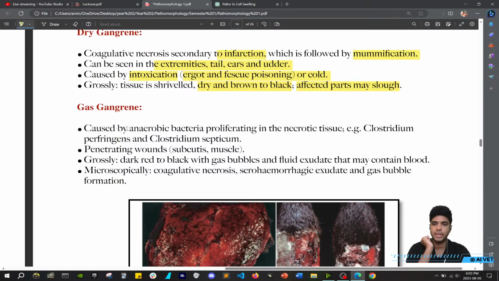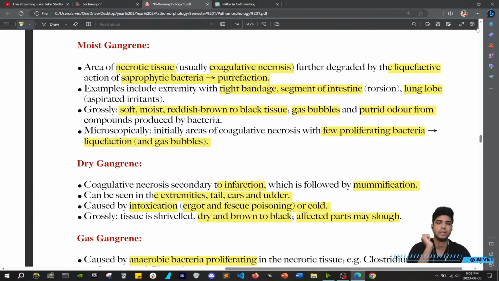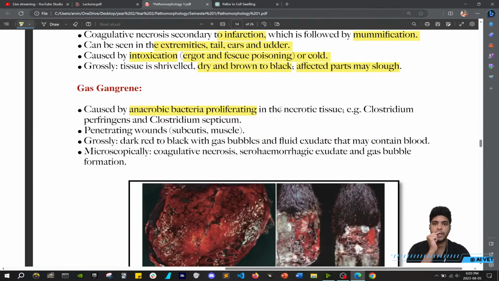Gas gangrene is caused by anaerobic bacteria proliferating in the necrotic tissue. In the previous one it was liquefaction by saprophytic bacteria; gas gangrene is by anaerobic bacteria on the necrotic tissue. An example is Clostridium, the best example of anaerobic bacteria: Clostridium perfringens and Clostridium septicum, which causes braxy in sheep. Penetrating wounds also cause this.